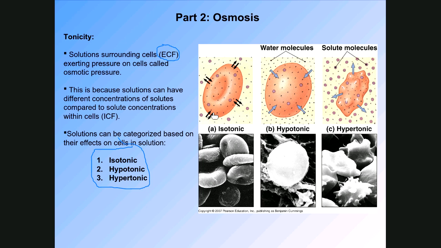Depending on what happens with the movement of water, the ECF is said to behave as an isotonic, hypotonic, or hypertonic solution. You can see these three here. Again, I went over this in lecture, so go back and watch chapter 5, part 1. Go over the osmosis portion to help you with the lab.